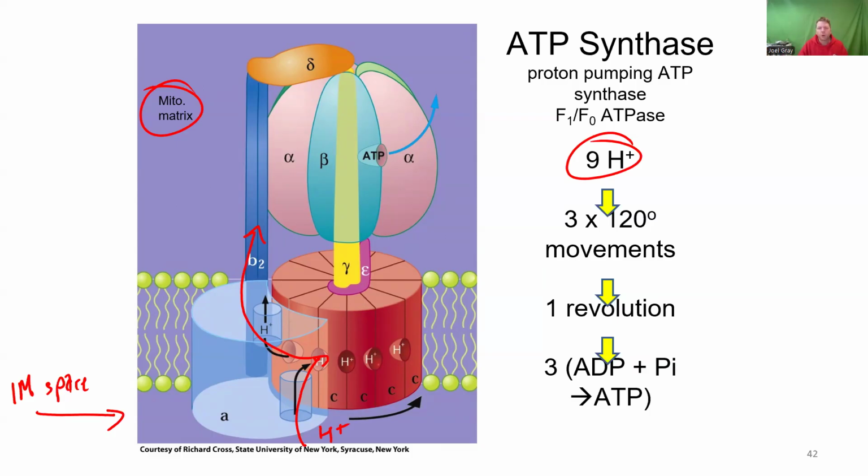When those 9 protons are moved across, we're going to generate a total of 3 ATP. So essentially, 9 protons moving across the membrane is going to produce 3 ATP.